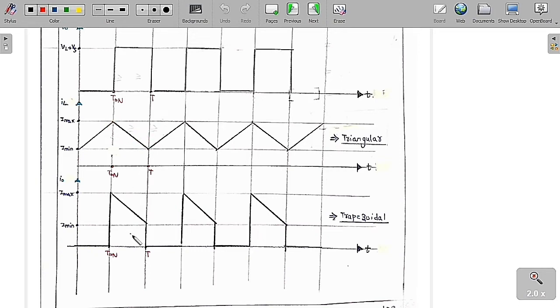The diode is going to conduct, so the output current is the same as the inductor current in this range.